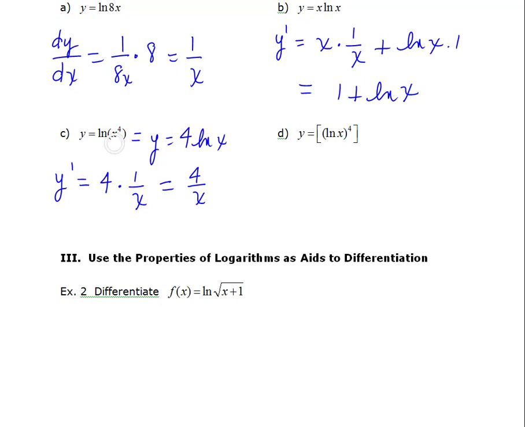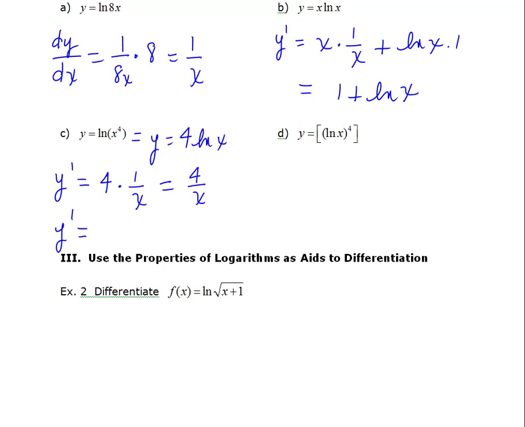Now, if you forgot that property, that you can bring the 4 down in front, you can still do the problem. In this case, we'd get y prime equals, it's basically 1 over u times the derivative of u.